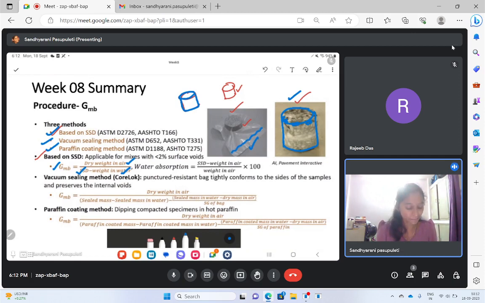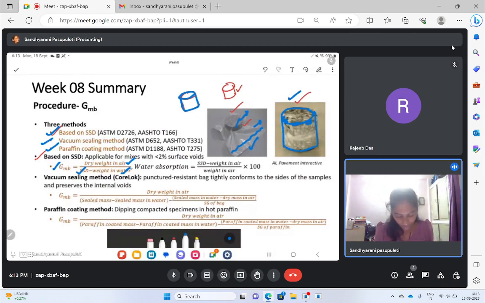Once the vacuum is applied and sealed, the air voids have been completely removed from the surface. Now we can directly take this specimen along with the polythene, keep it in the water and take the weight in water.